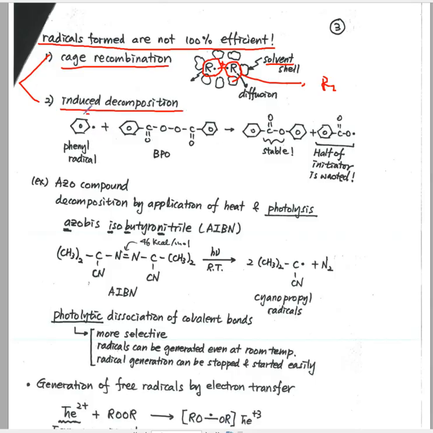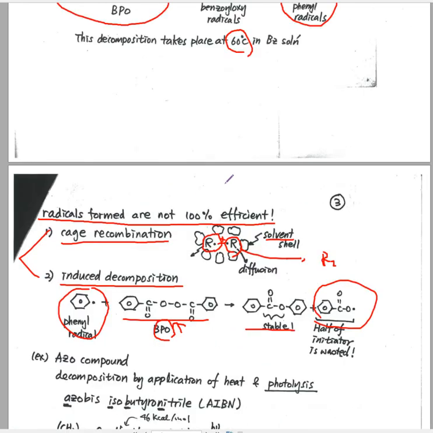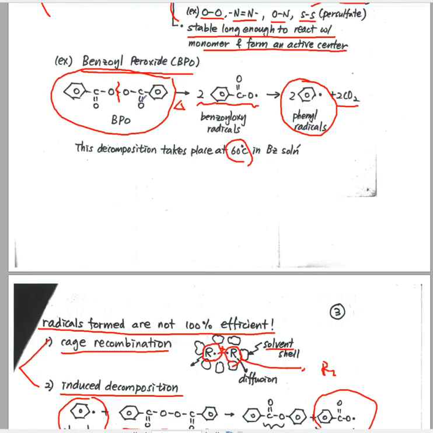Another example is called induced decomposition. So we made a radical from BPO. Since it is really reactive, it can react with the initiator BPO molecule, basically forming this and another radical. From one BPO, ideally, we could make 2 radicals, right?